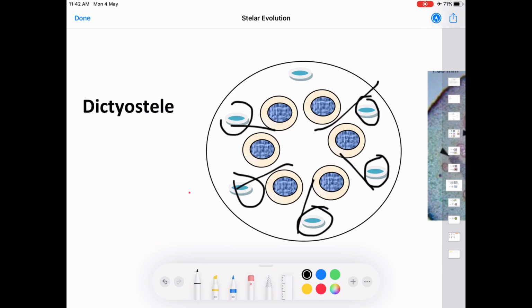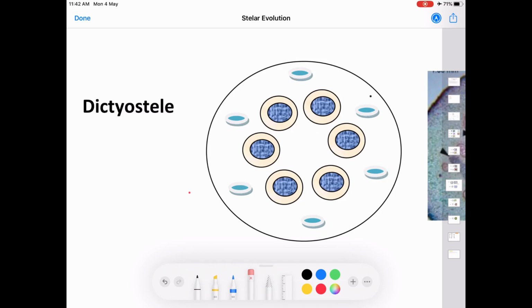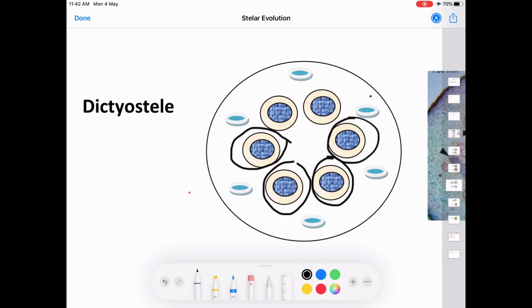So, in the case of a Dictyostele, there will be numerous overlapping leaf traces and leaf gaps and corresponding leaf traces. Here, the individual units of the vascular cylinder are known as meristele. These are the individual vascular cylinders, and these vascular cylinders are known as meristele.